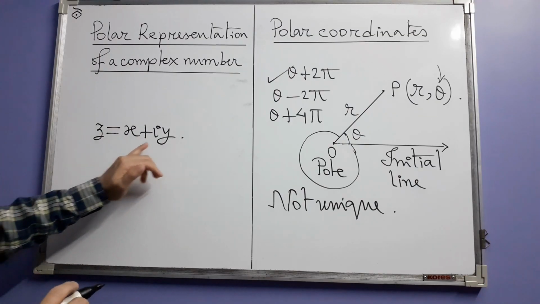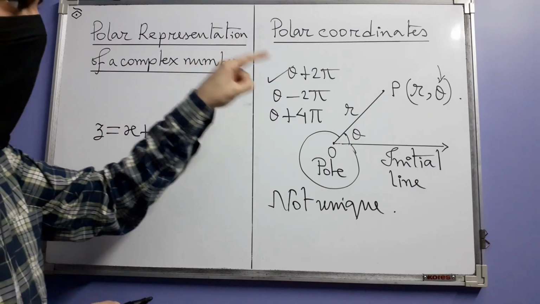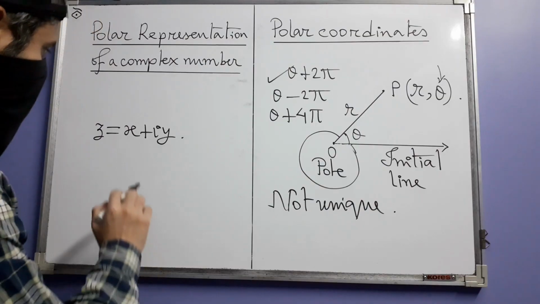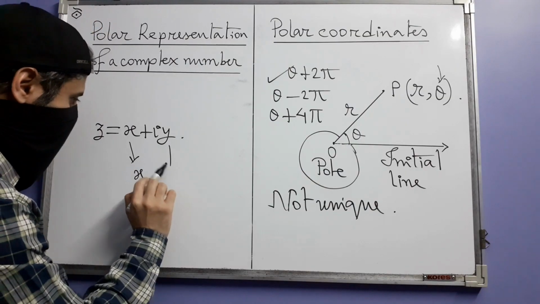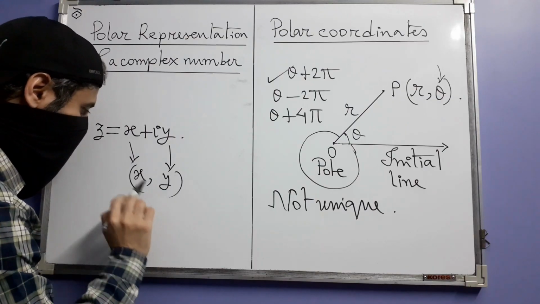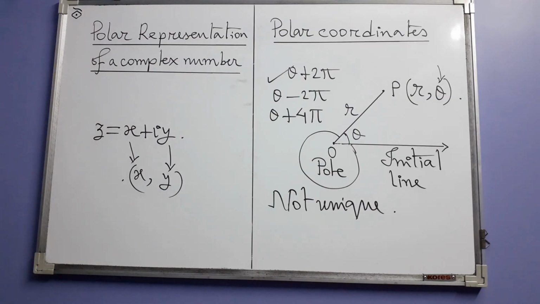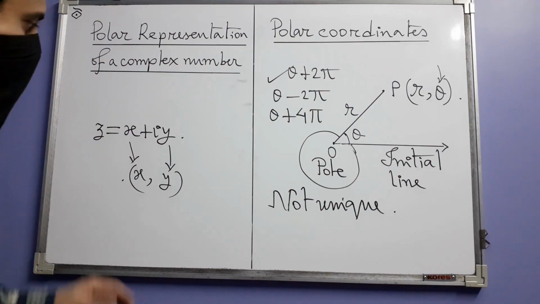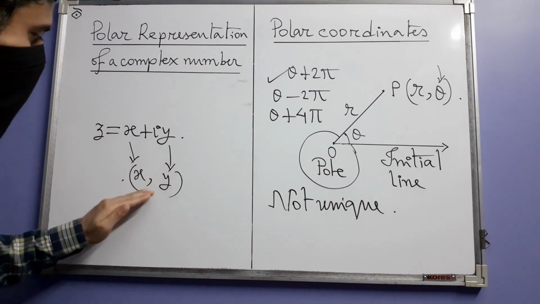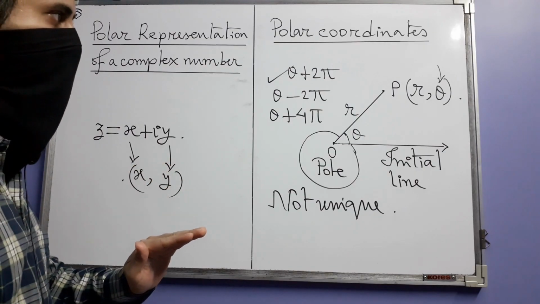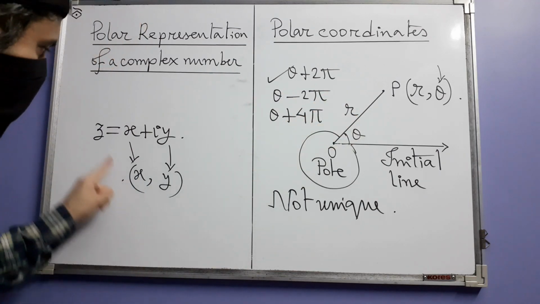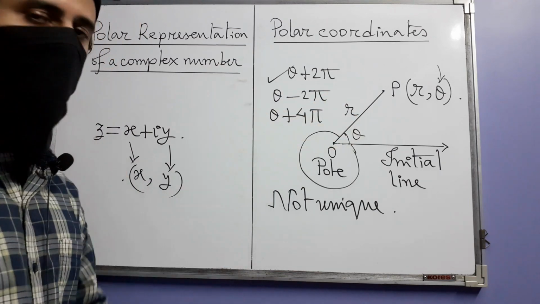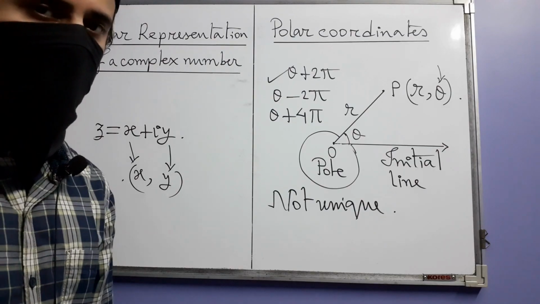The way we have associated complex numbers with points in the plane made x the x coordinate and y the y coordinate of that point. Okay, so now instead of these Cartesian coordinates, we want to use polar coordinates of that point to which z is associated in the plane. How can we do this? Let's see.